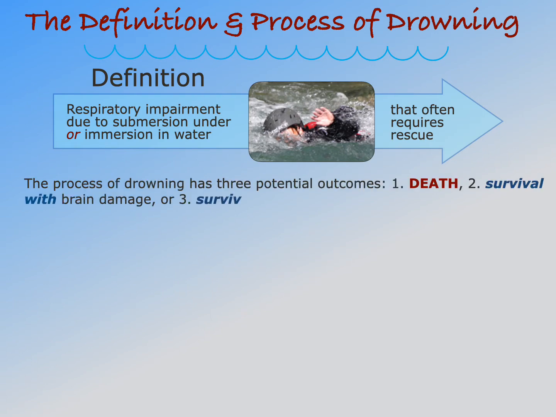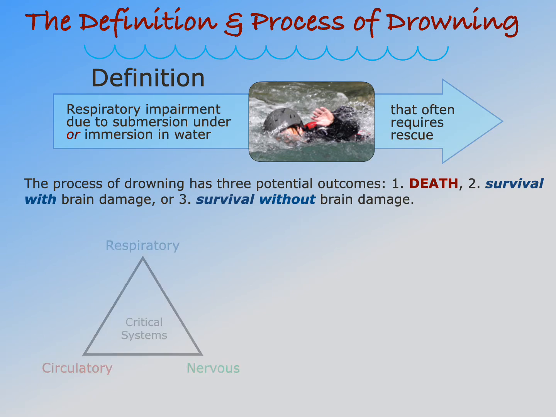The process of drowning has three potential outcomes. You die, you survive with brain damage, or you survive without brain damage. The three critical systems of the body, the respiratory system, circulatory system, and nervous system, all support one another to take oxygen from the air and deliver it to the body cells. The respiratory system pulls the oxygen out of the air and delivers it to the blood.